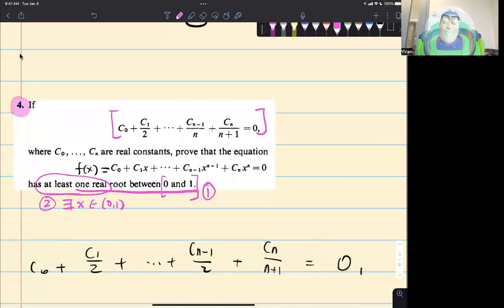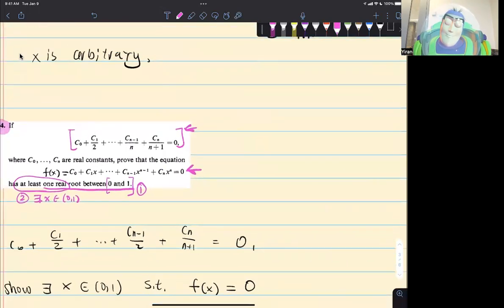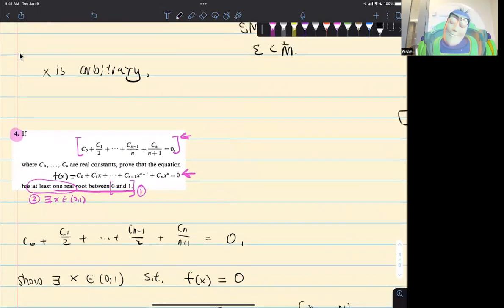So you might wonder, what is the relationship between this one and this one? They're very similar, but you need to do some work to see the relationship.